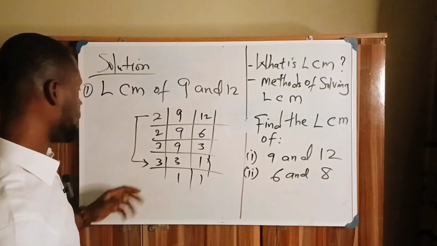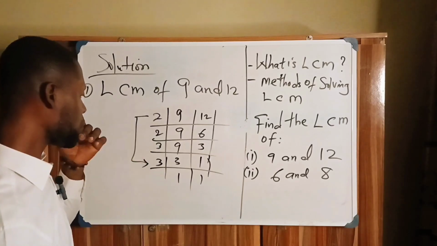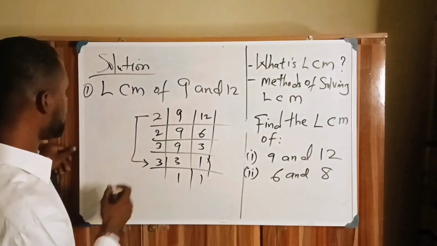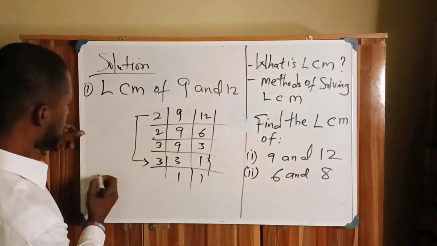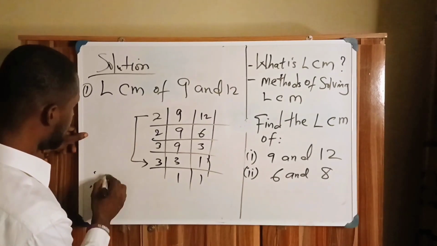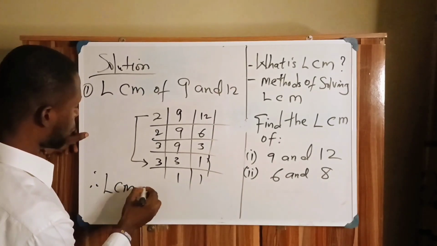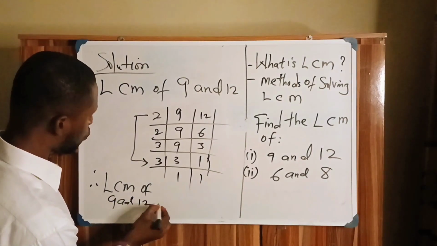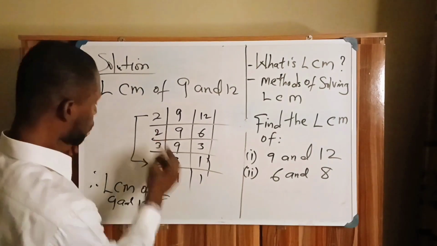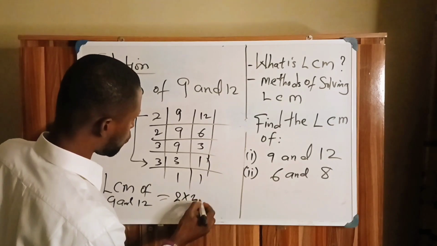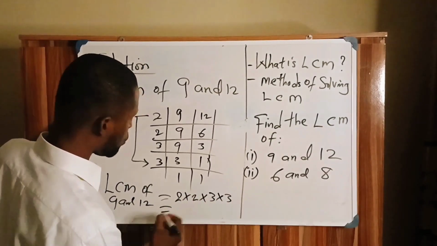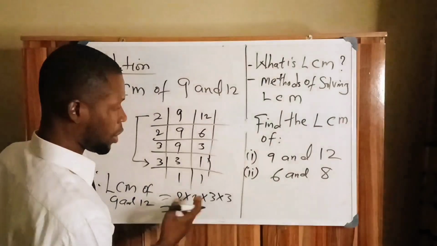Then you multiply these factors. Therefore, the LCM of 9 and 12 is going to be 2 times 2 times 3 times 3. 2 times 2 gives us 4.